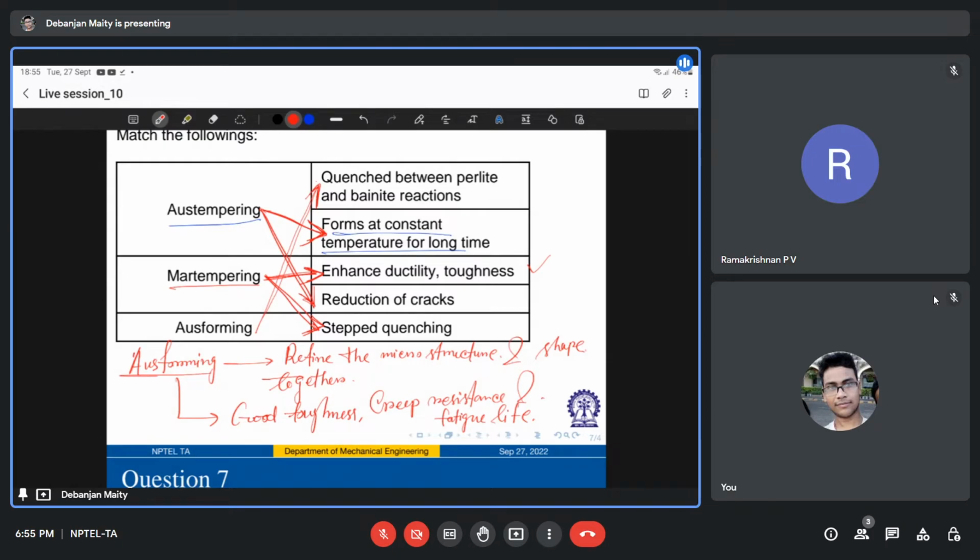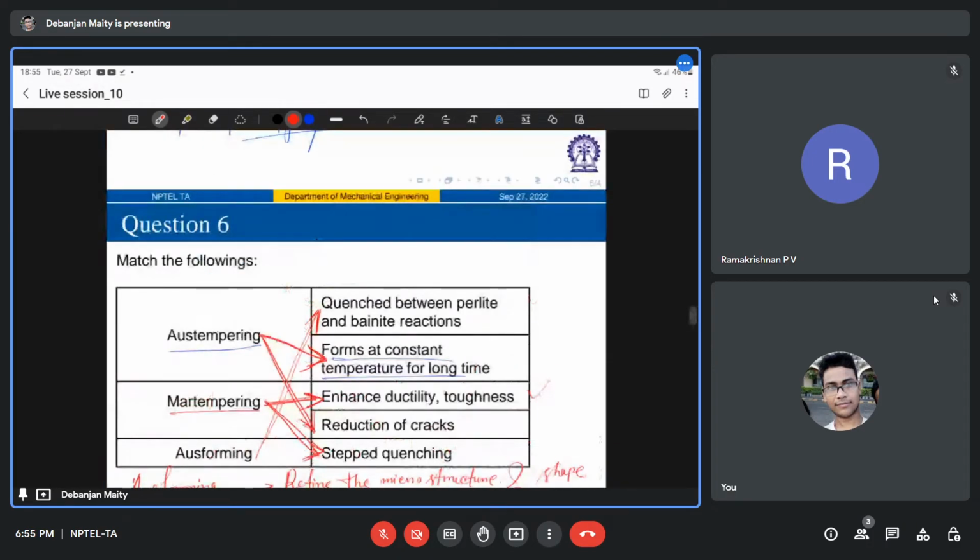Like in case of additive manufacturing, as I was saying the earlier day, you have so much residual stress in your structure, right? Because of those residual stresses, if you are using the material just after completing your additive manufacturing, this will be of no practical use.